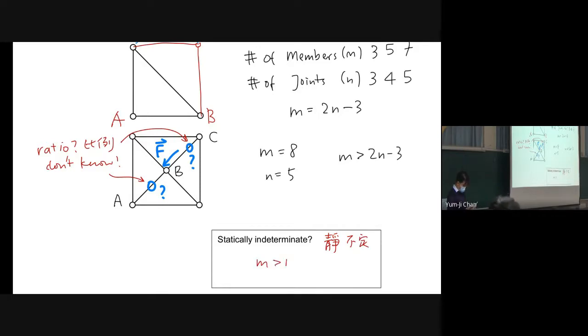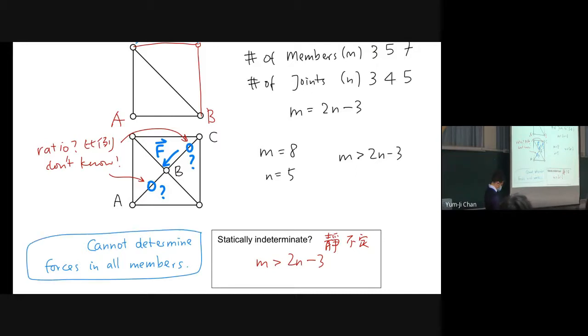It means we cannot determine the forces in all members. Because we don't know the ratio, we cannot determine the ratio between the forces in AB and BC.